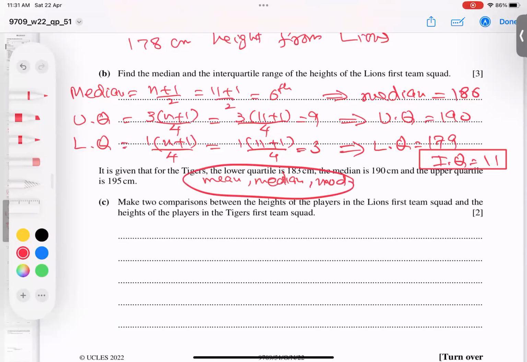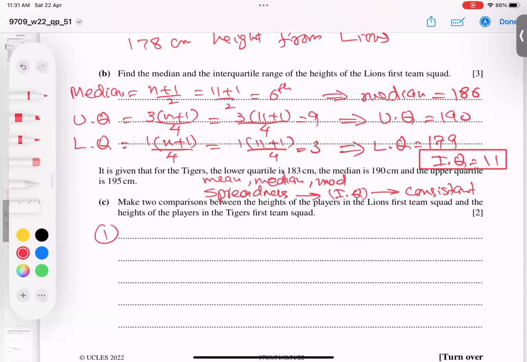These are called central tendencies. The second is called spread, which deals with the interquartile range, and it helps us see whether the data is consistent or not. So let's see how we can deal with the comparison.